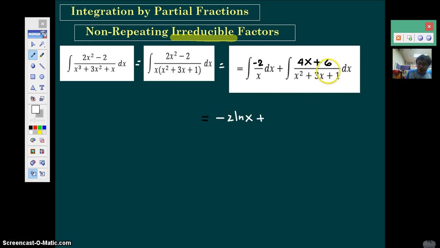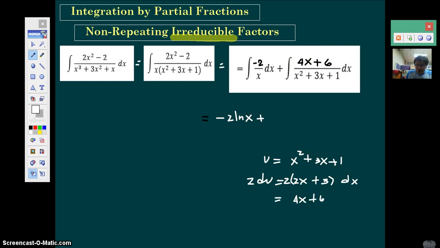Then the other we have to do by simple substitution, by letting u be the denominator, x squared plus 3x plus 1. Then your du must be 2x plus 3 dx, of course. But in the numerator it's 4x plus 6, so we simply multiply both sides by 2, because if you do that, this becomes 4x plus 6 dx, and it's equal to 2 du.